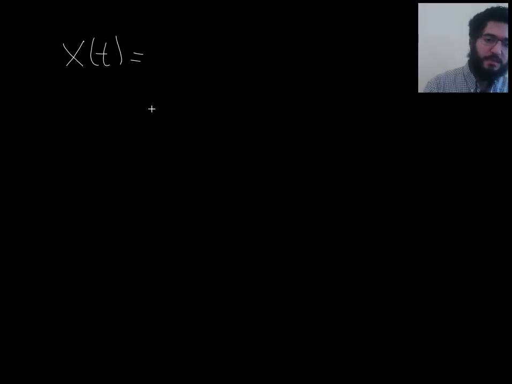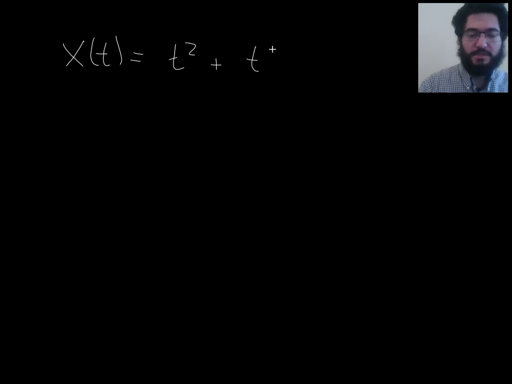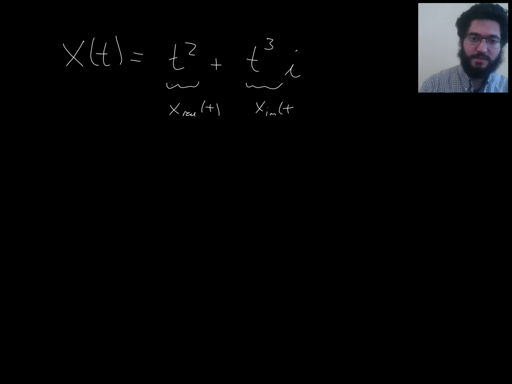So, example. You could have x of t equals t squared plus t cubed times i. So here's a real valued function, let's call it x sub real of t, and here's another real valued function, x sub imaginary of t.